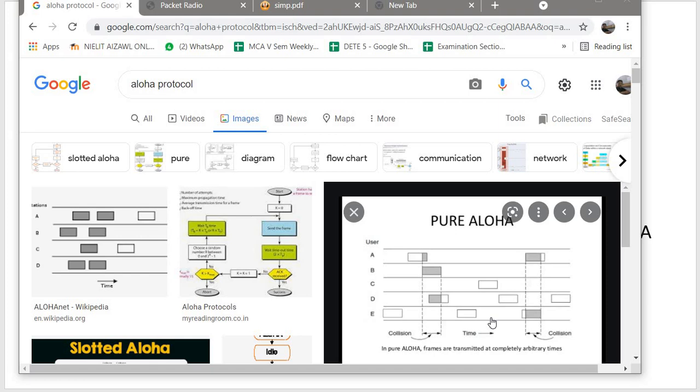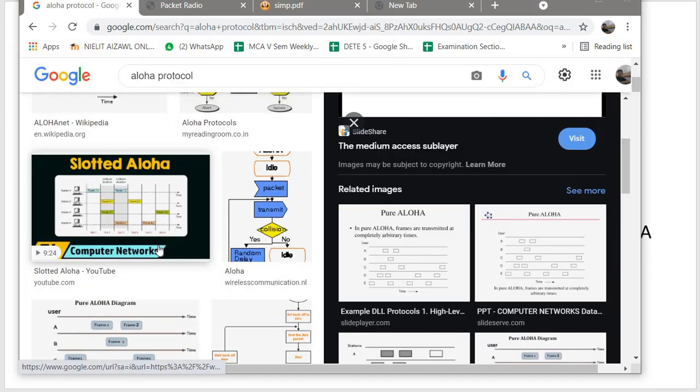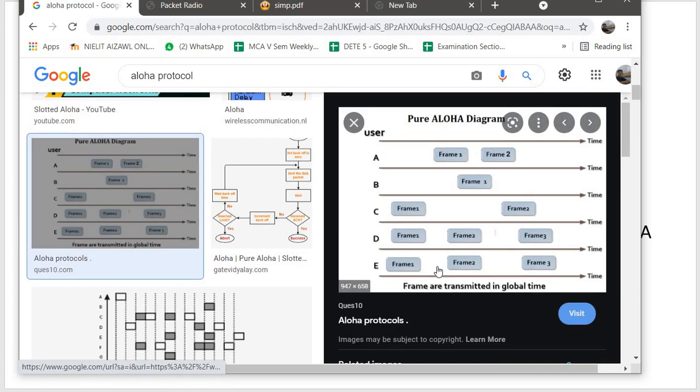Since collisions can occur and data may have to be sent again, Aloha cannot use 100% of the capacity of the communication channel, so it does not occupy the channel efficiently. To assess pure Aloha, we need to predict the throughput.